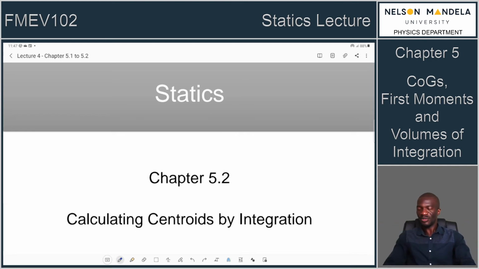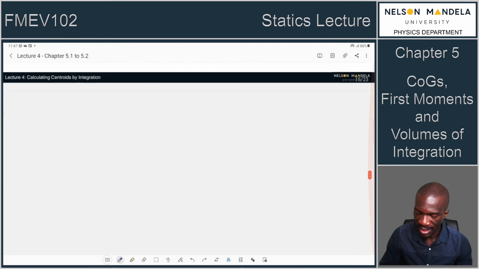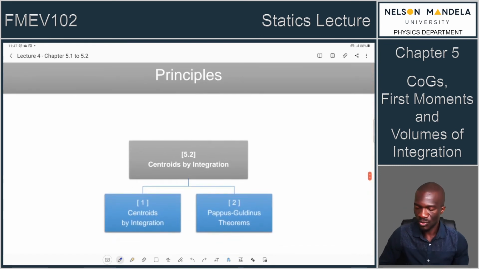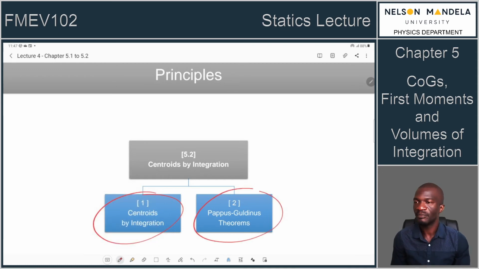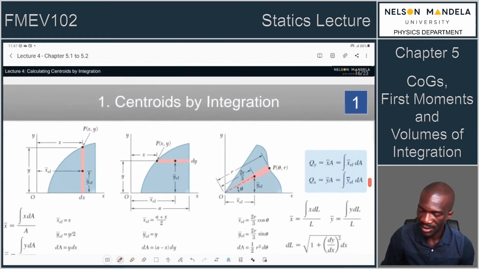So you can now use your calculus to find centroids. In this section, we'll cover just two concepts. So it's centroids by integration and areas and volumes of integration. Those are derived from theorems by Pappus-Guldinus. So these are two scientists or engineers that actually came up with these theorems.